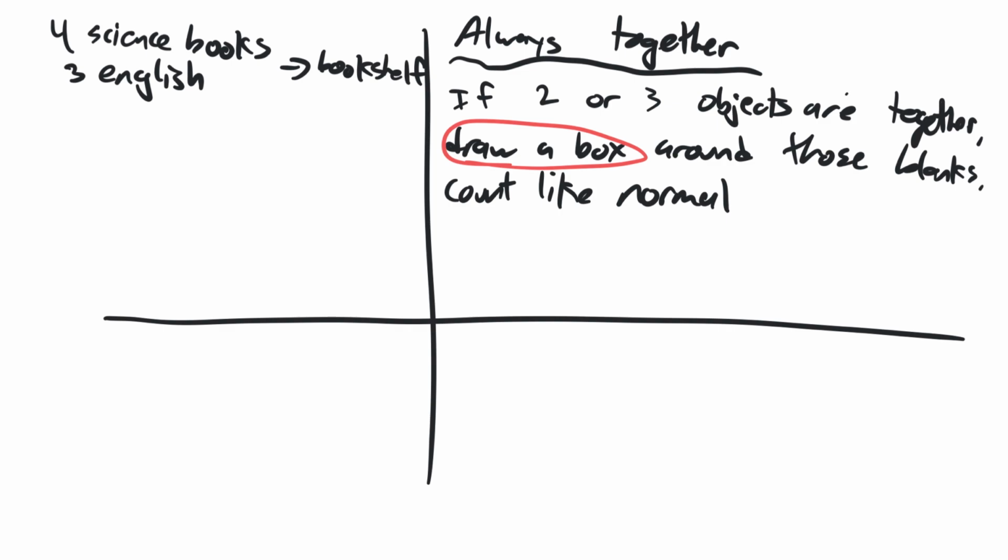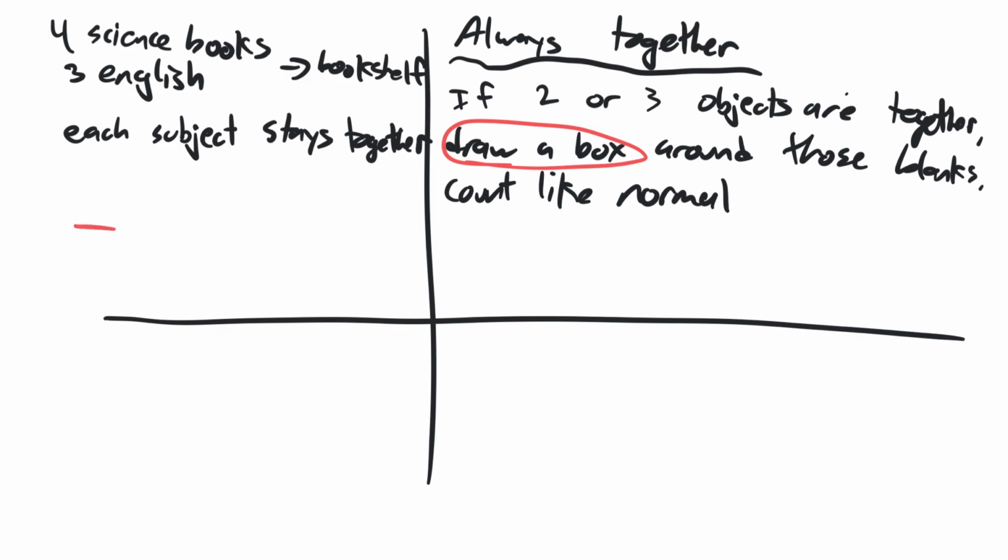We want them to be organized on the bookshelf such that each subject stays together. For whatever reason, we don't want our English books mixing with our science books. We want English in one section and science in the other. How many ways are there to do this? Go ahead and pause the video and give that a try.